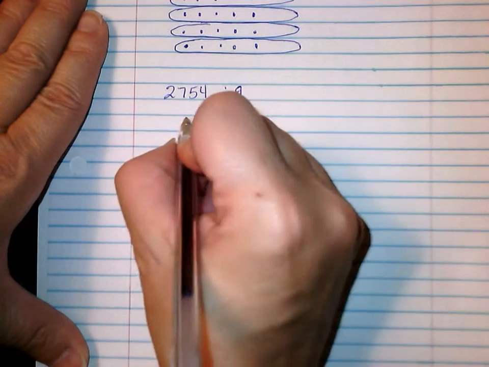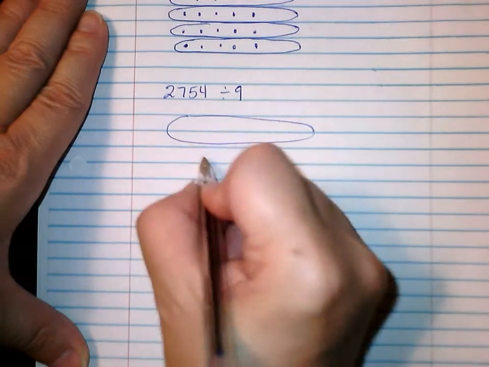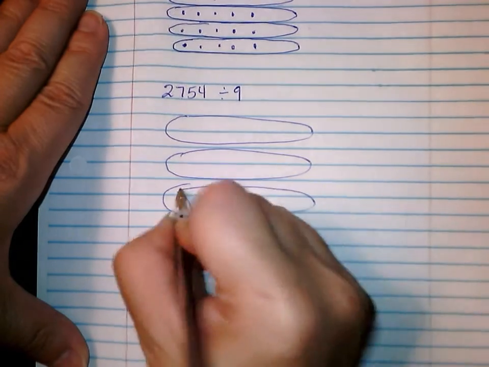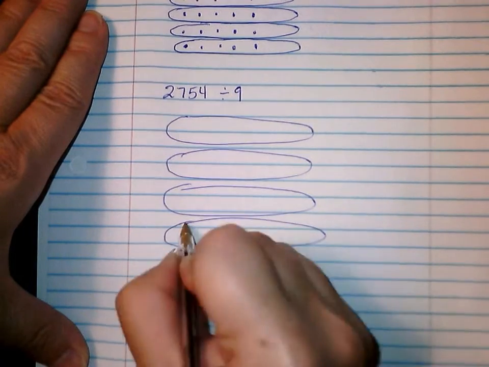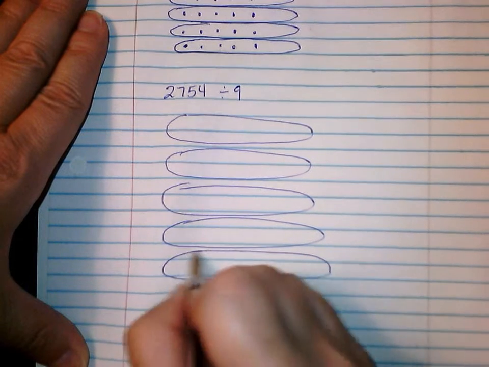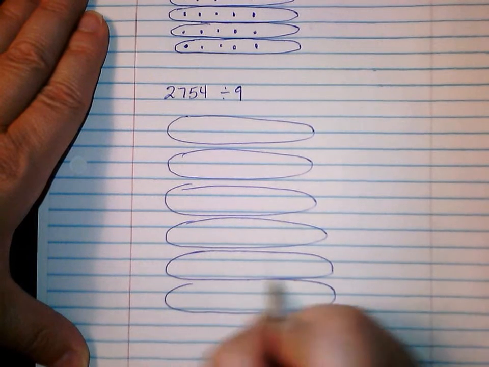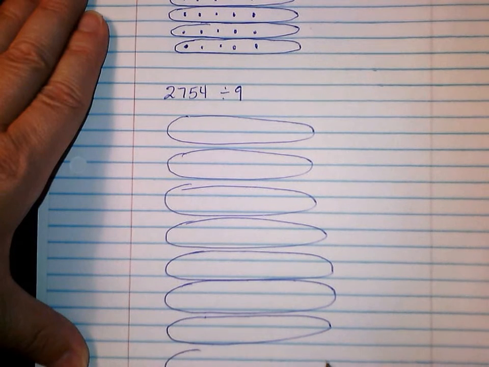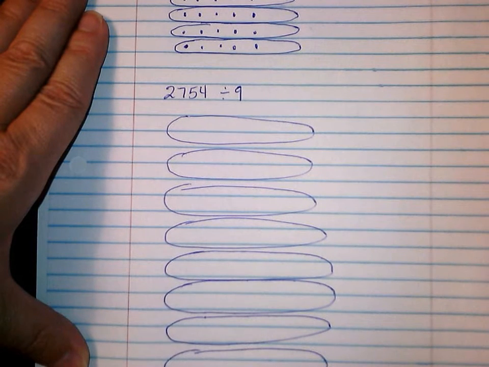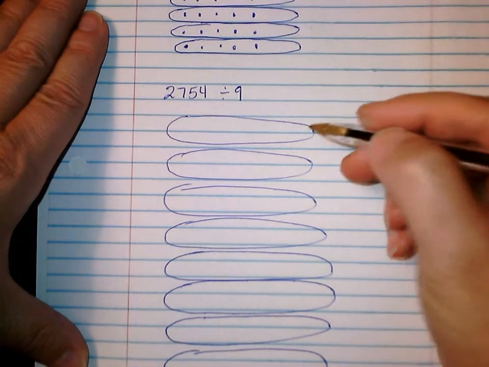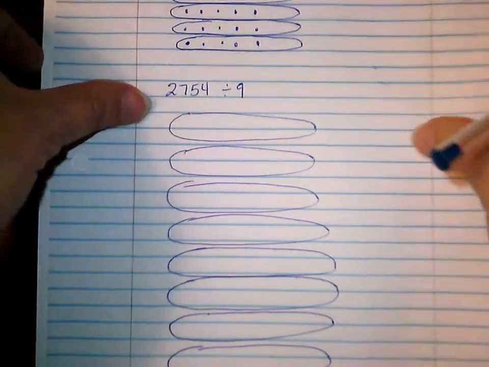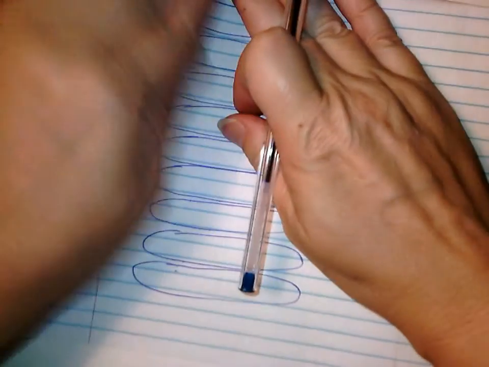So I'm going to make these a little bit bigger. 1, 2, 3, 4, 5, 6, 7, 8, and 9. And I'll move my paper up a little bit so you can see that I have my 9 groups.